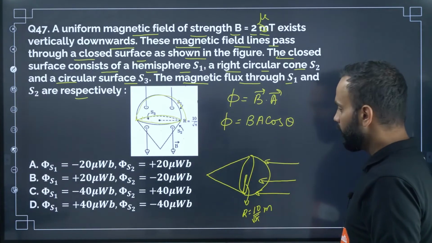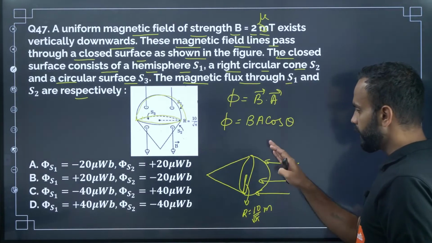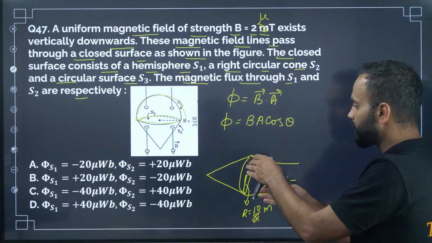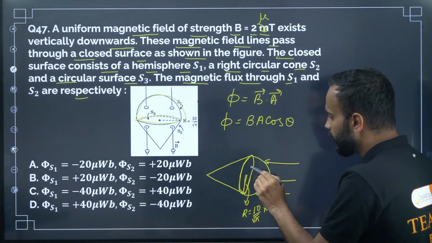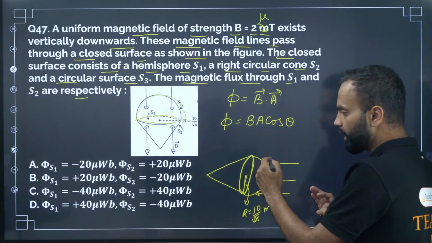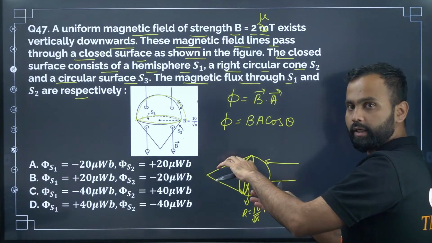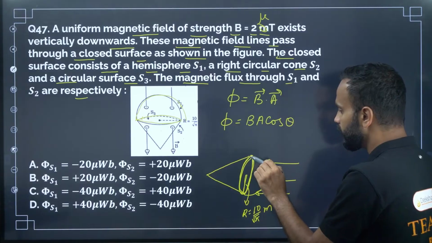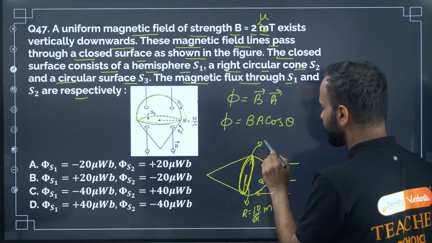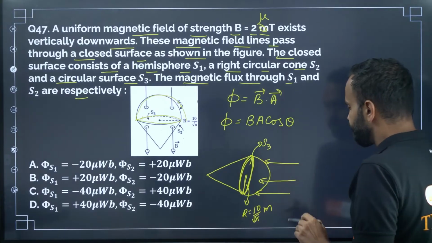The magnetic flux passing through the hemispherical surface and the cone surface is equal to the magnetic flux passing through the circular surface, that is S3.